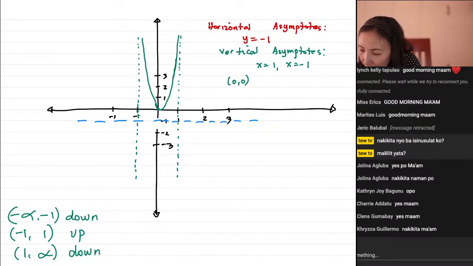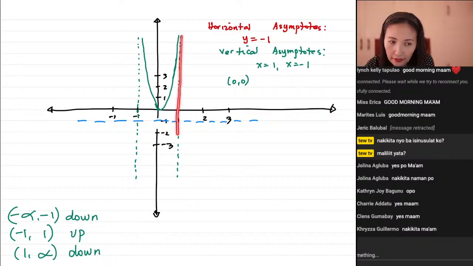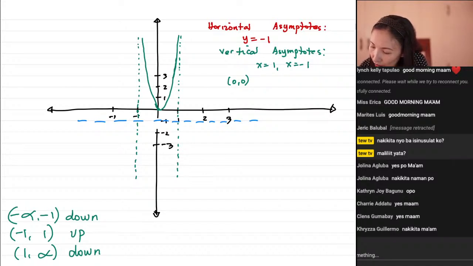It will never touch this line. How about the behavior of the function from negative infinity to negative 1? We consider the interval negative 1 to 0 and from 0 to positive 1. From negative 1 to 0, what did we say?